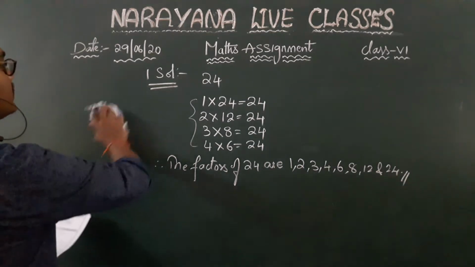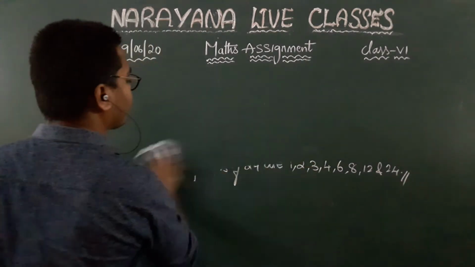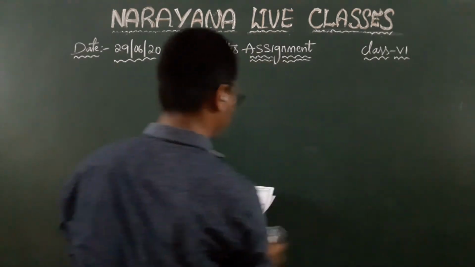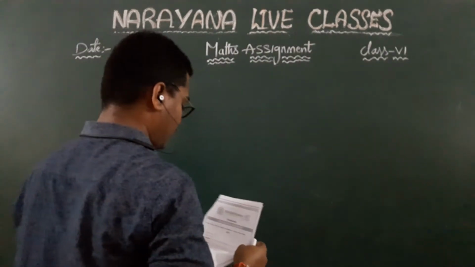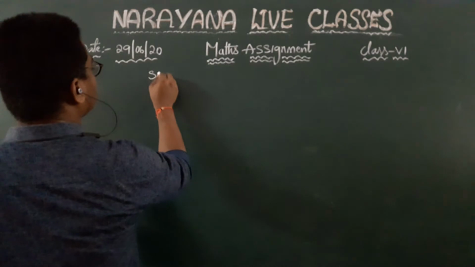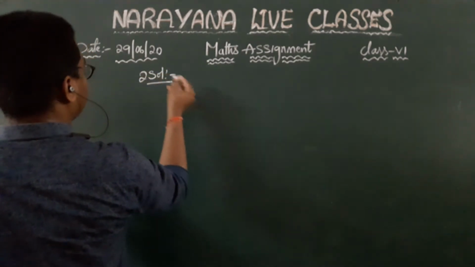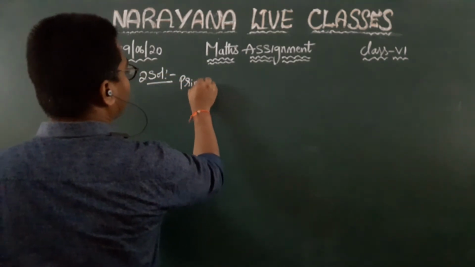So coming to the next one, children. Define prime number and composite number. So I write the definitions over here, children. For the second one, keep the heading prime number.